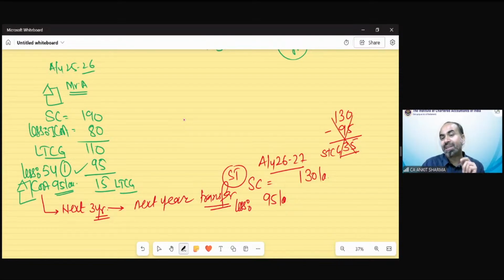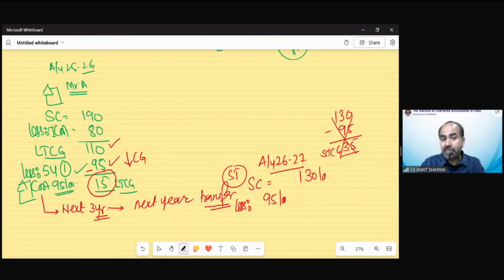So the department says no. Now we will take back the exemption you have claimed. By purchasing this property, you have technically reduced your capital gain by 95 lakh rupees. Your capital gain was earlier 110 lakh, but you reduced it by 95 lakh due to the exemption, so the gain remaining was only 15 lakh.